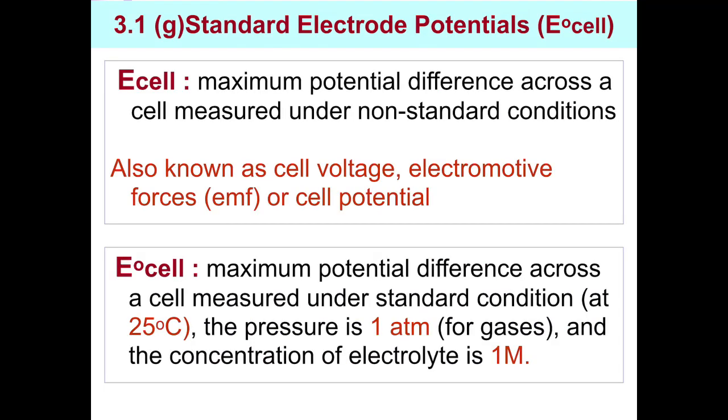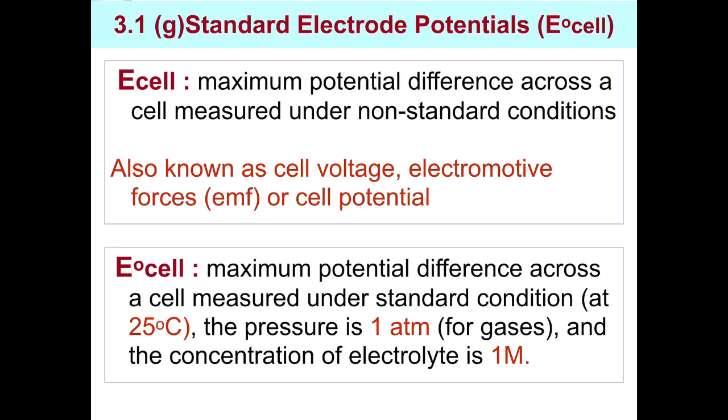Now let's look at standard electrode potentials, E° cell. There is a difference between E cell and E° cell. E cell refers to the maximum potential difference across a cell measured under non-standard conditions, also known as cell voltage, electromotive force, or cell potential.